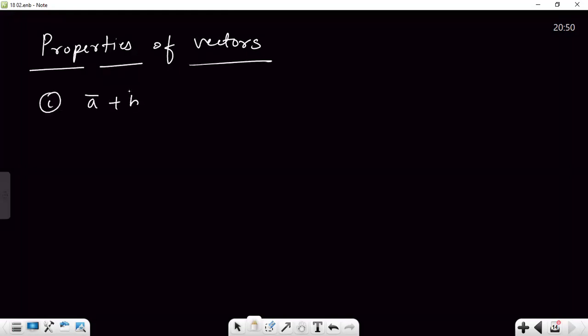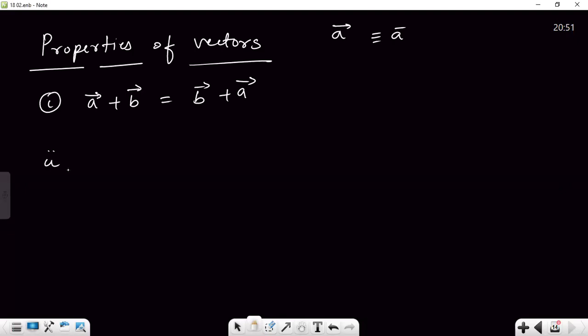A vector plus B vector, and now I'm not going to draw the arrow, I'm representing A vector as A bar. It's the same. A vector plus B vector is equal to B vector plus A vector as well.